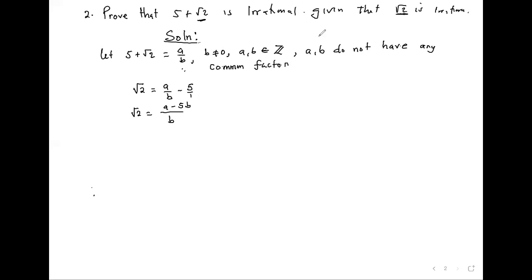So here now you write: since the left-hand side is irrational and the right-hand side is rational, there is a contradiction here.